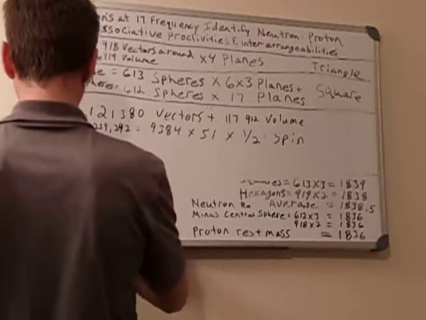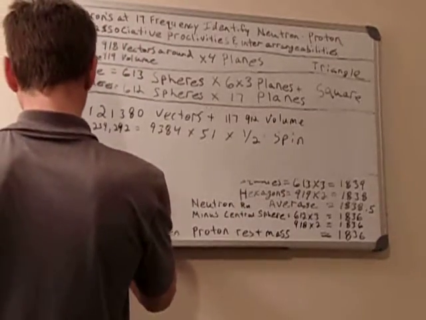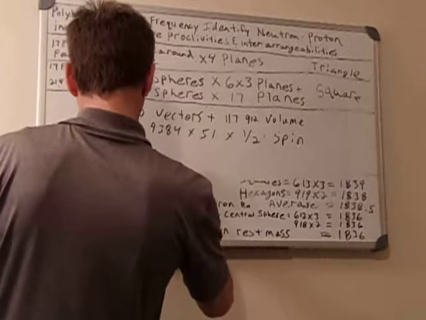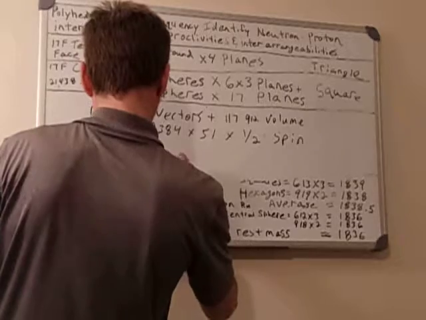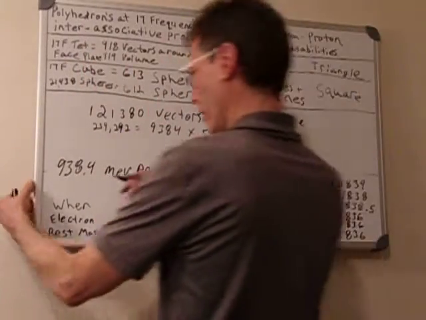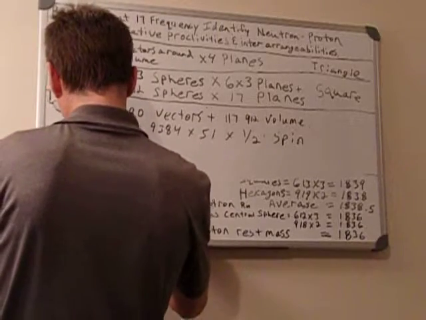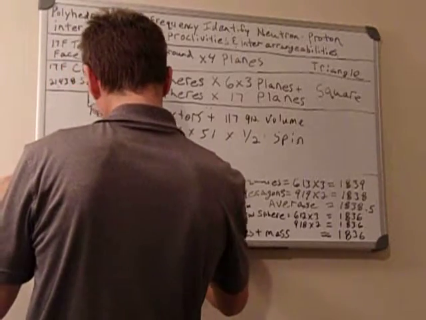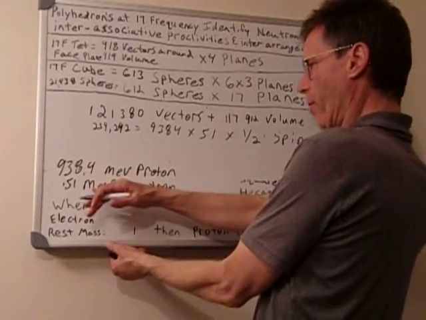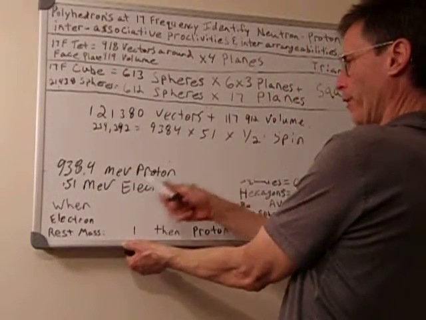I'm going to do another number in a second here, but remember what we have here, you guys. 938.4 mega electron volts is our identification marker for the proton. 0.51 mega electron volts is the identifying marker for the electron.